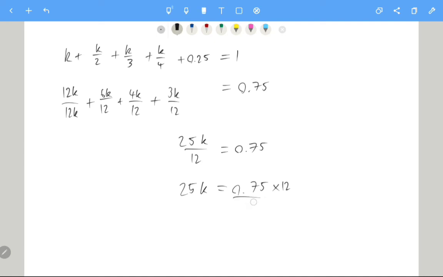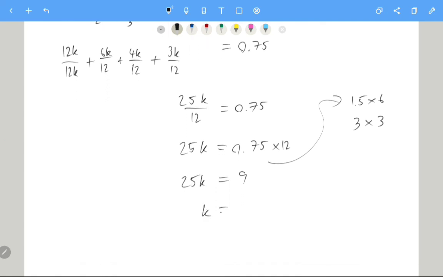So if I double that and I halve that, what would I be given? Well, it would become 1.5 times 6, and I can repeat that strategy again, so I can get 3 times 3, and 3 times 3 is 9. So I get 25k equals 9. Divide both sides by 25, and I get 9 on 25 as my k value.